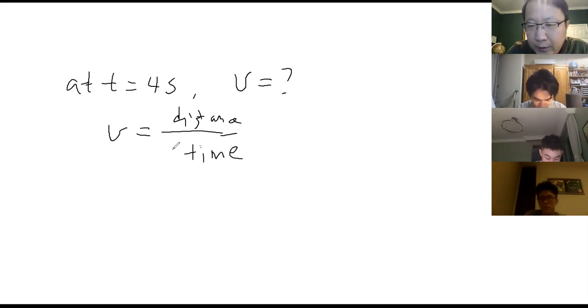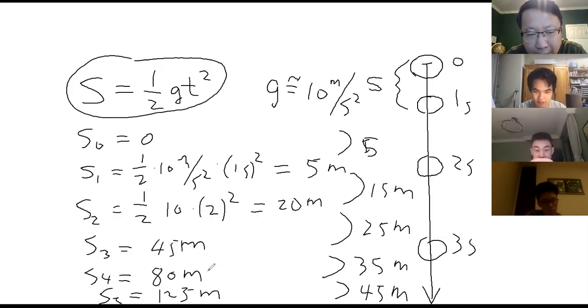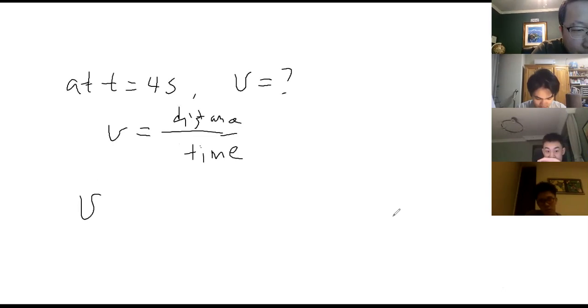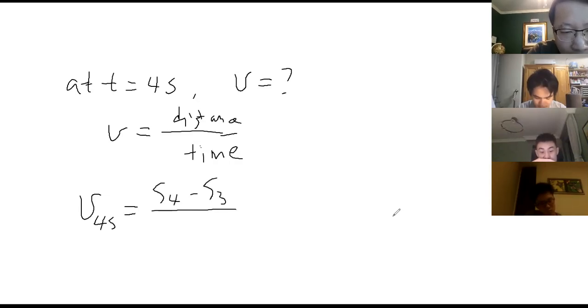So how do we do this? If we go back and say, let's use 3 and 4 seconds. If you say my speed at 4 seconds is the distance the ball traveled from 3 seconds to 4 seconds, S4 minus S3, divided by 4 seconds minus 3 seconds, that's the distance traveled within 1 second.